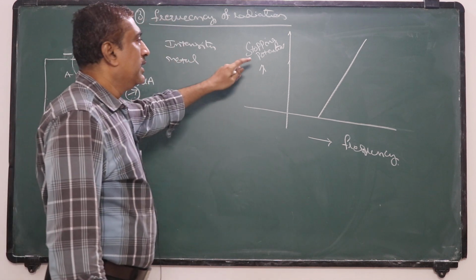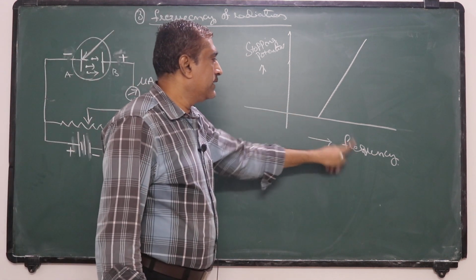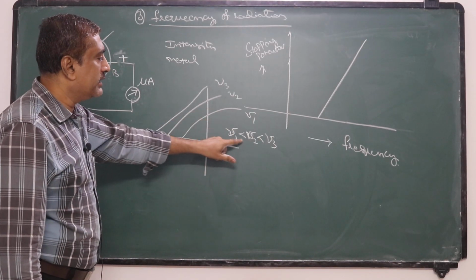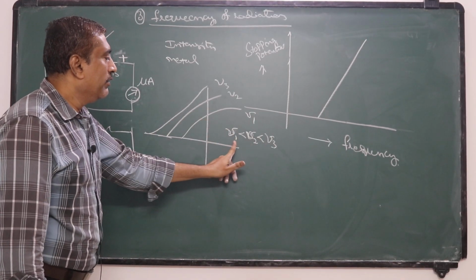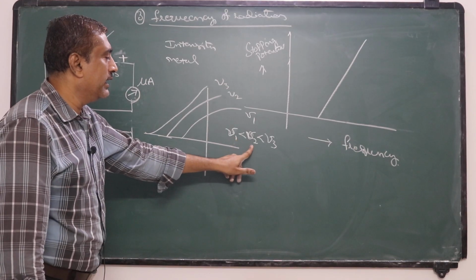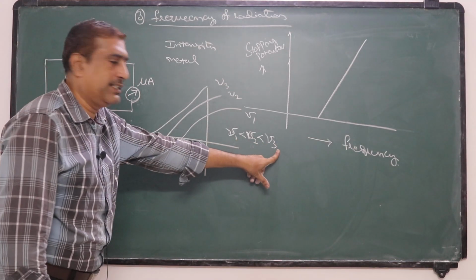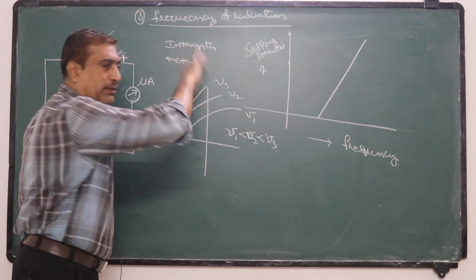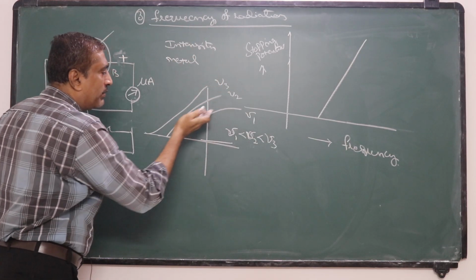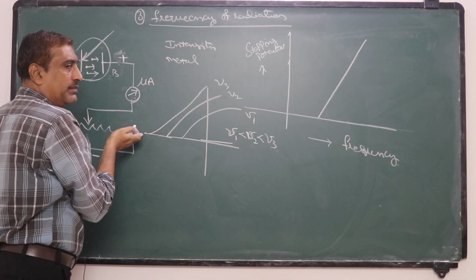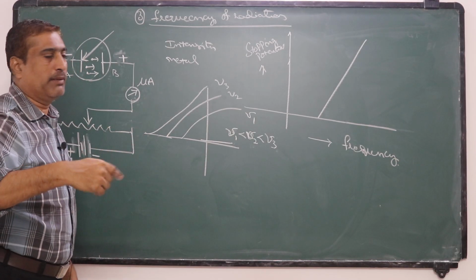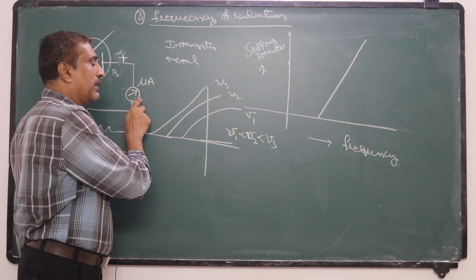the frequency increases. If the frequencies are like this, that means the frequency of the first one is less than the second one, which is less than the third one, then the stopping potential of these curves, as in the previous curves, increases like this. That means a greater amount of negative potential is to be applied to stop the photoelectric current.